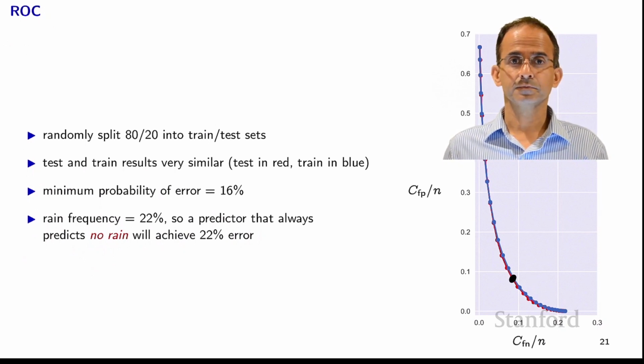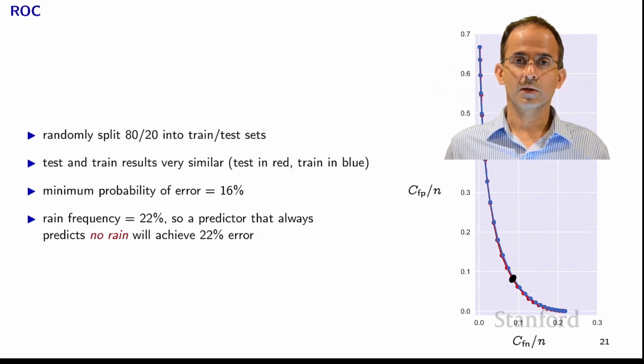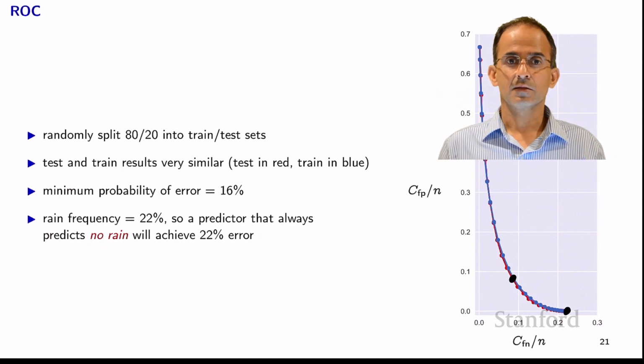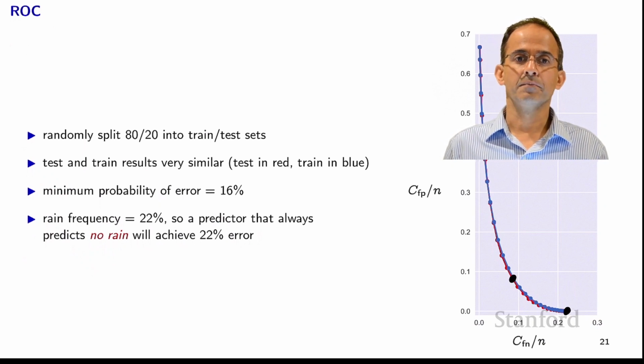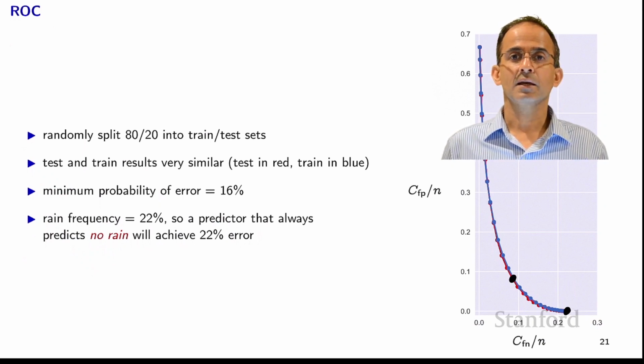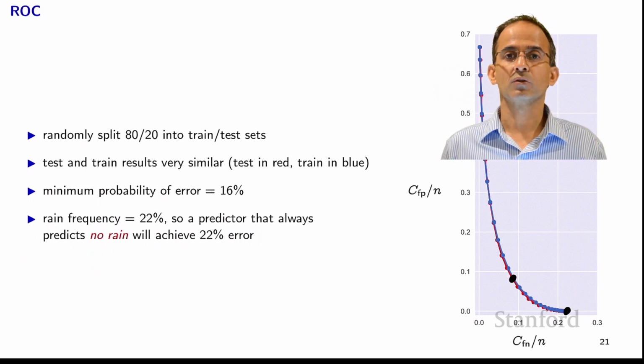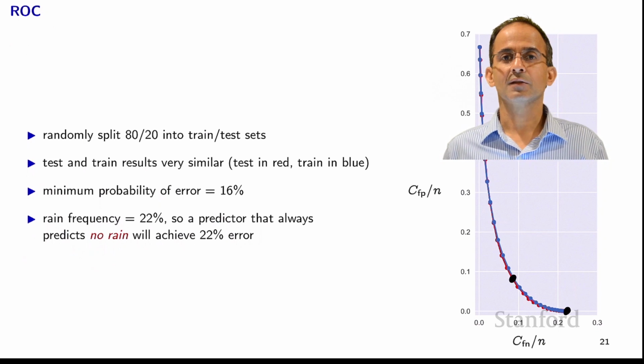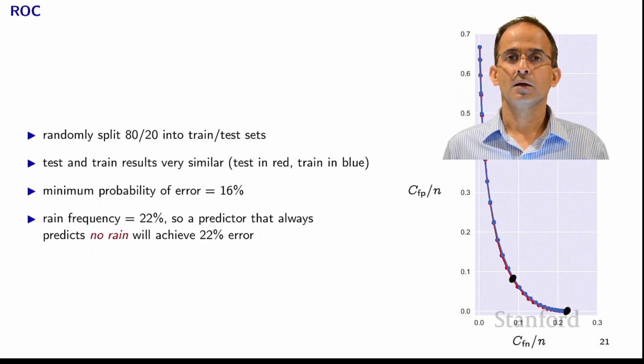which is pretty good. It's worth comparing also with this point down here. That's a classifier which achieves an error rate of 22%. And the way it does that is by always predicting that it will not rain tomorrow. And that's because the data itself contains about 22% days with rainfall, and the remaining 78% of days have no rain.